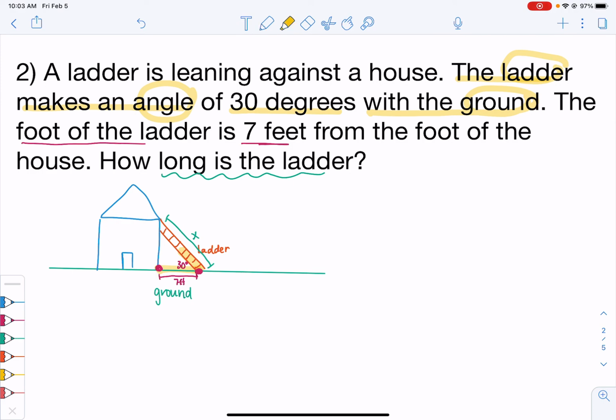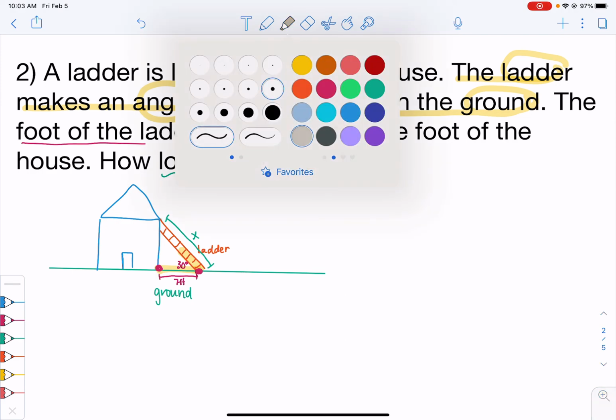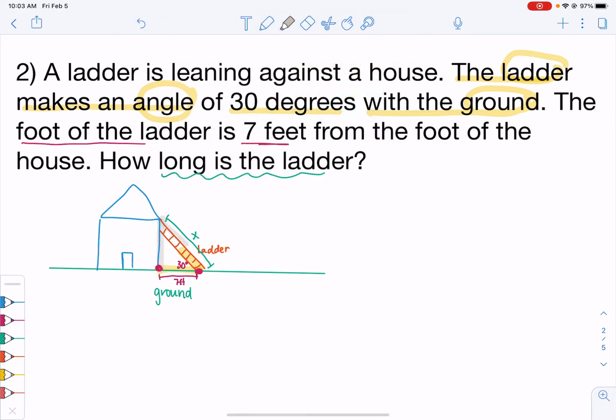We should see a right triangle that I'm sketching out in gray here. So let's redraw it. We know this is 30 degrees. We know this is 7 feet.